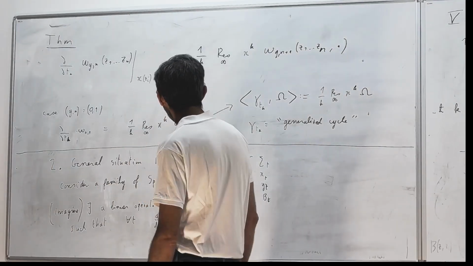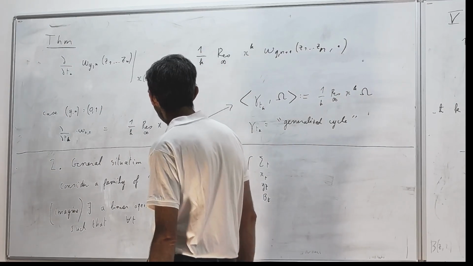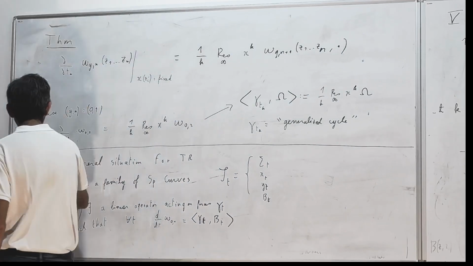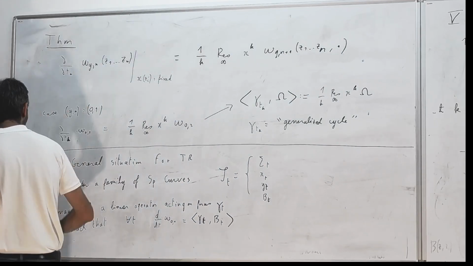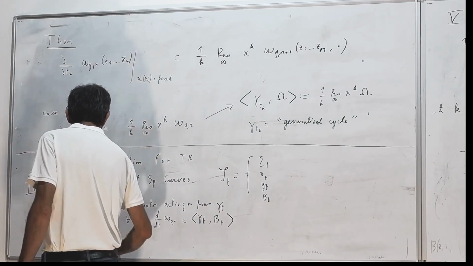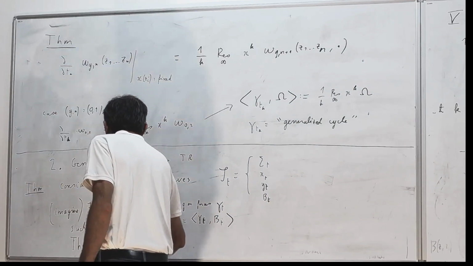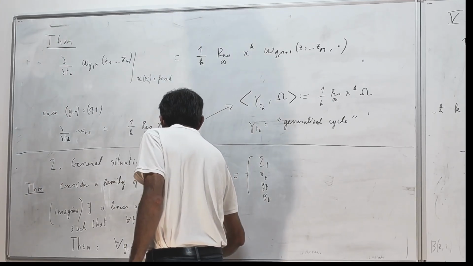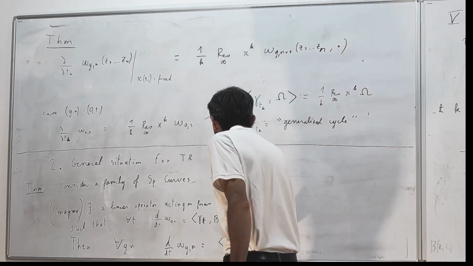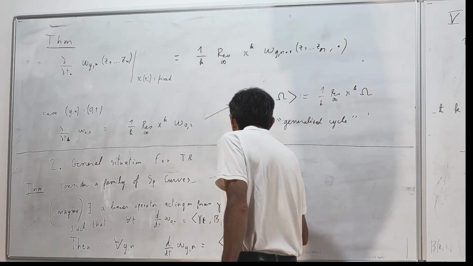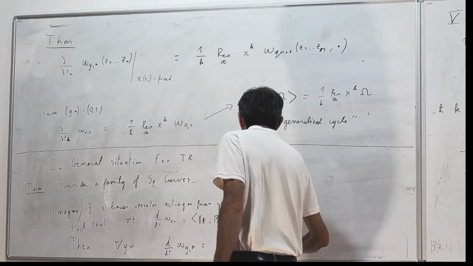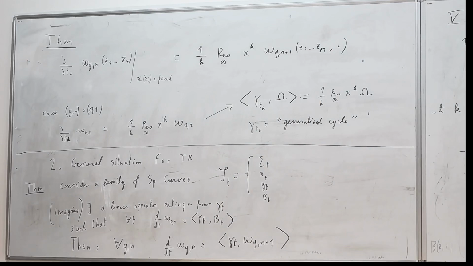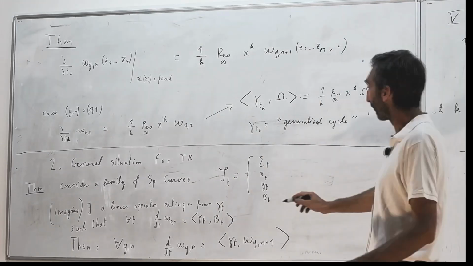Then the theorem of deformations: for every g and n, you have that d over dt of omega g n is gamma t contracted with omega g n plus 1, and this contraction is on the n plus 1 variable. So basically, if it holds for omega 01, it holds for all of them.